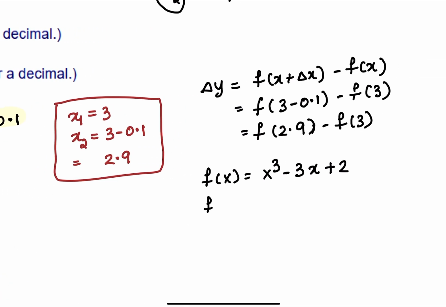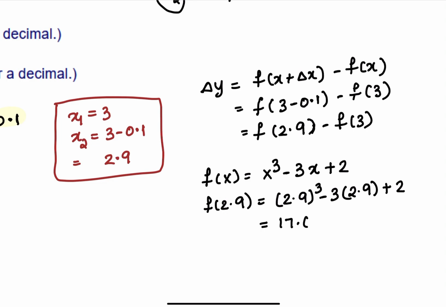So my f of 2.9 is 2.9 cubed minus 3 times 2.9 plus 2, which is, let me plug into my calculator, 17.689. Now, what is f of 3?